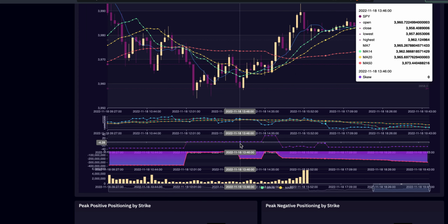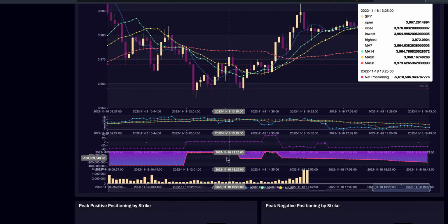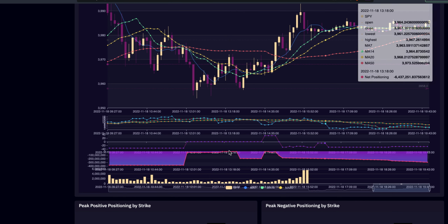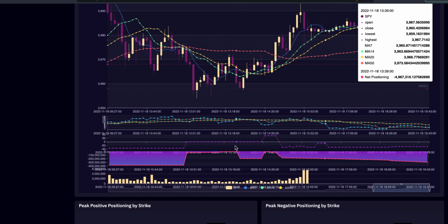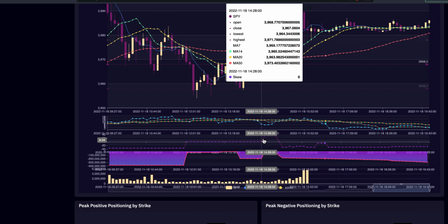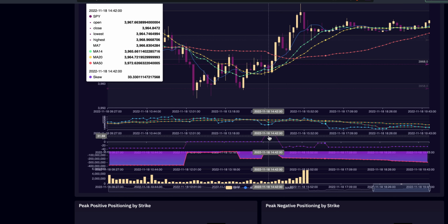For the better half of the next 4 hours, we just continually trended higher, right? There was some additional negative positioning creeping in again, it got flat here, it didn't quite go positive, but then it did, so that gave you an idea of whether people were still getting completely negative or not, and whether there is demand for more positive positioning or not. And then eventually we saw an increase of skew right over here, right?